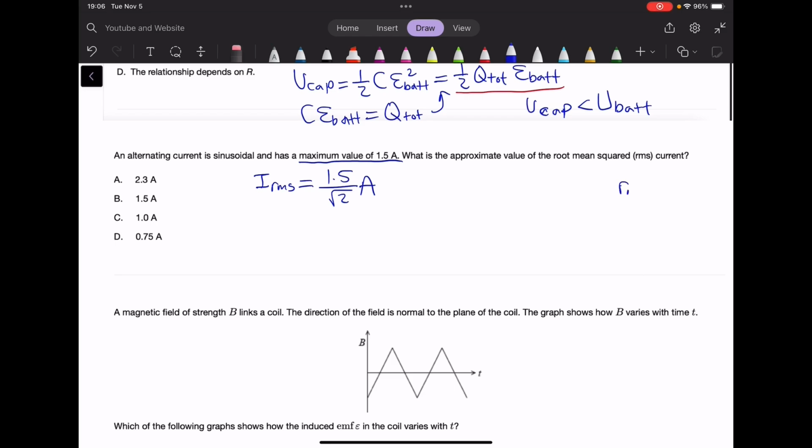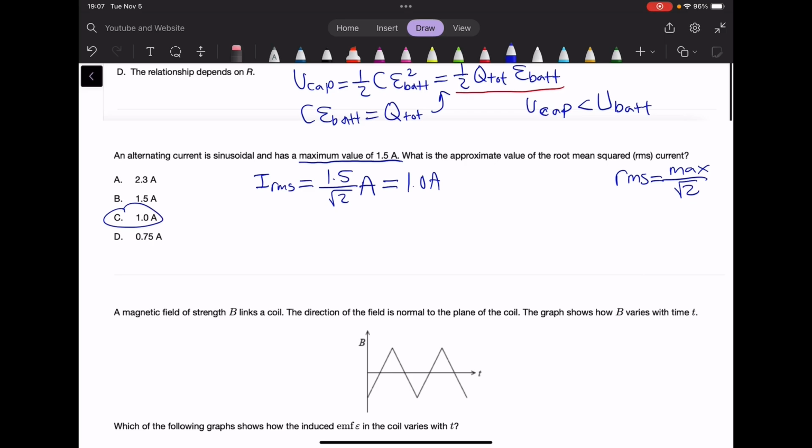So RMS value is equal to the maximum value divided by the square root of 2, which gives us something close to 1. So C is the answer.